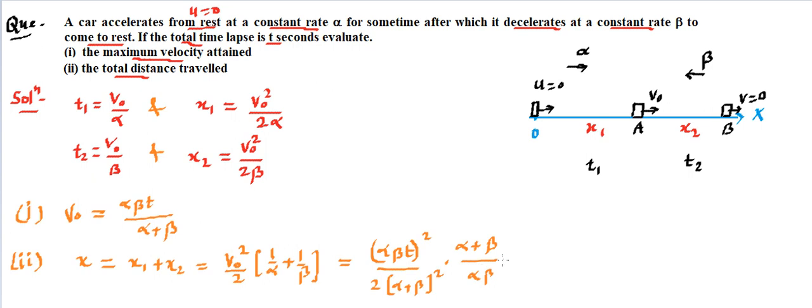You'll find they are going to cancel out once, so you will be left with simply alpha beta into t divided by twice times alpha plus beta. So that will be the formula for total displacement of the particle. This total displacement is also equal to total distance because the particle is moving in only one direction in this case.